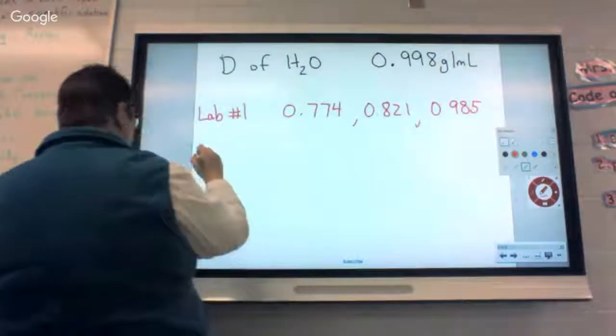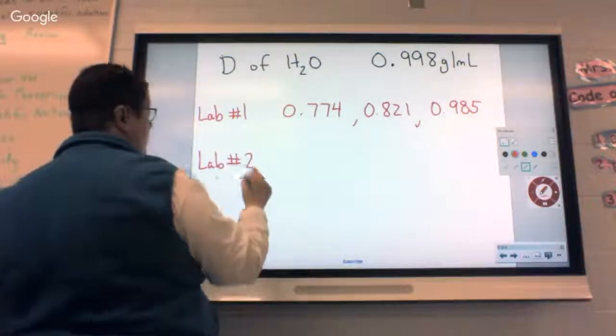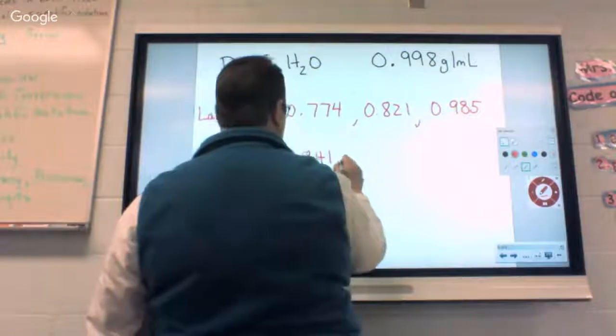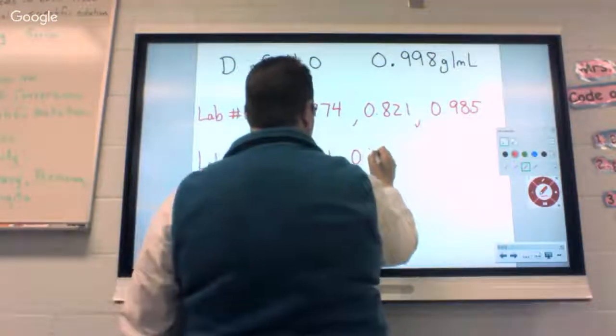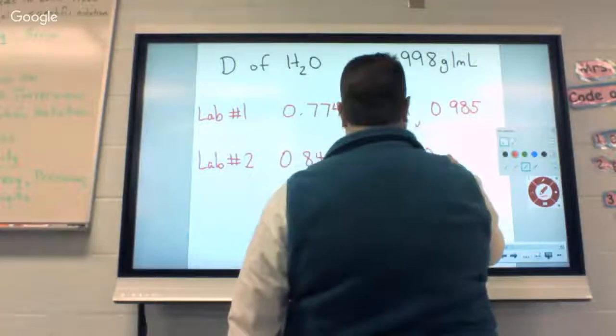Then I have a group that goes in and they get 0.841, 0.838, 0.838.